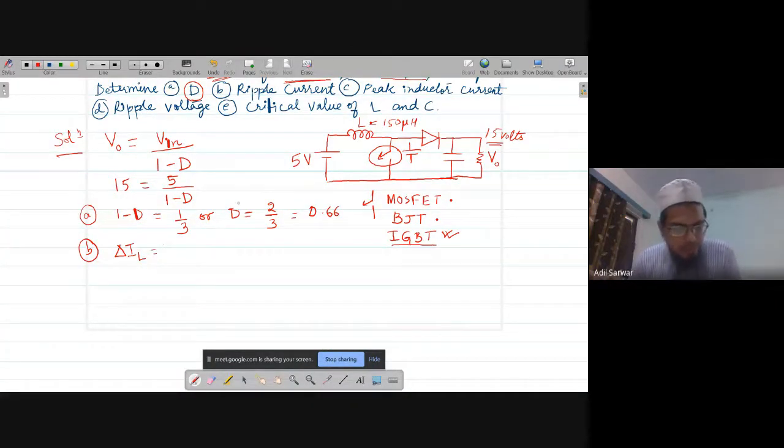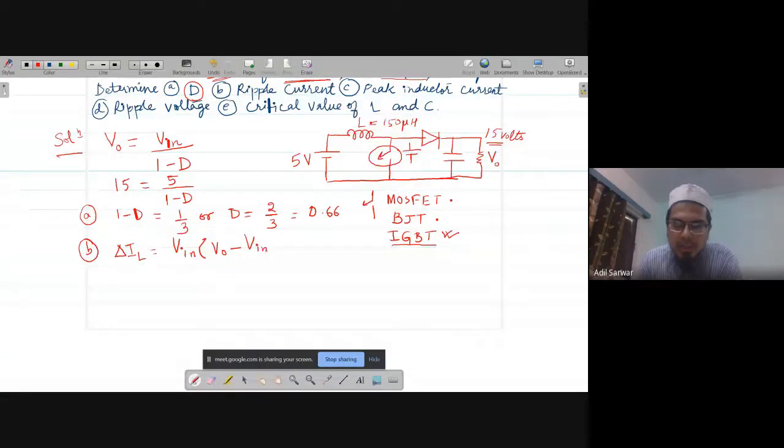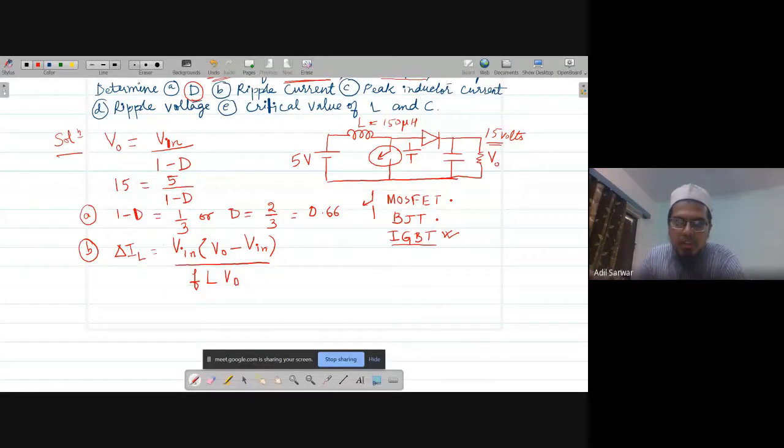Anyway, so let me just write down the relation that we had already derived, and that is given by delta IL is equal to the input voltage times the output voltage minus the input voltage, divided by F into L into the output voltage.